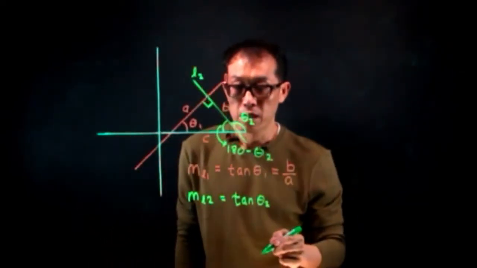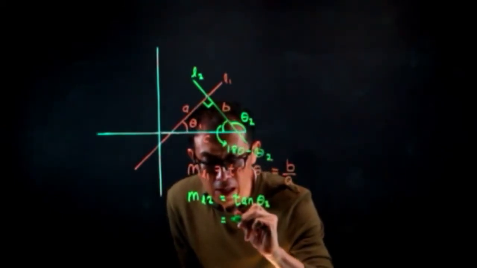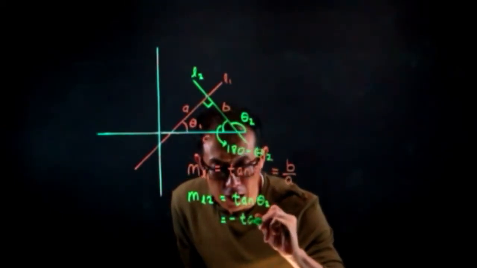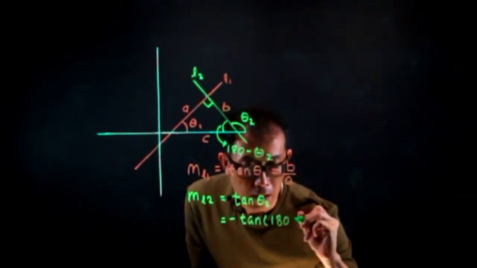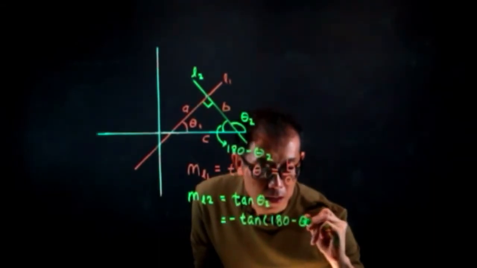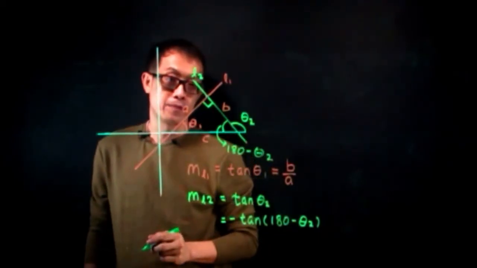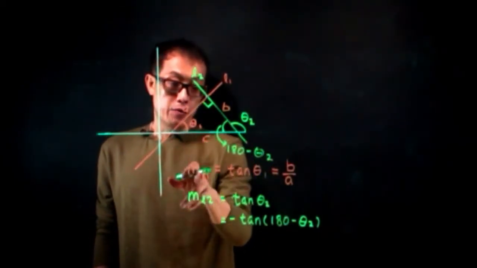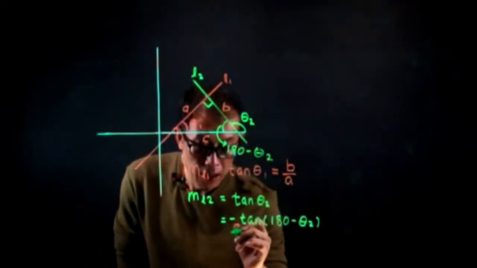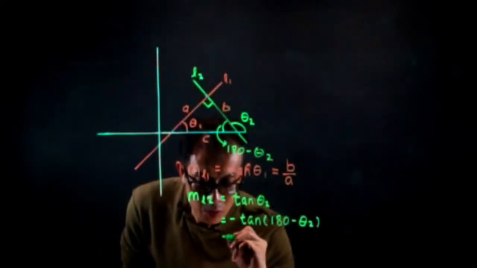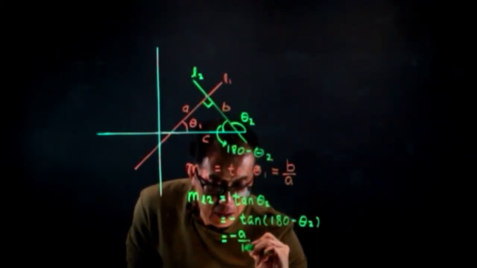So, tangent theta 2 is given by minus tangent 180 minus theta 2. Now, what is tangent 180 minus theta 2? It is A over B. So that will be equal to minus A over B.